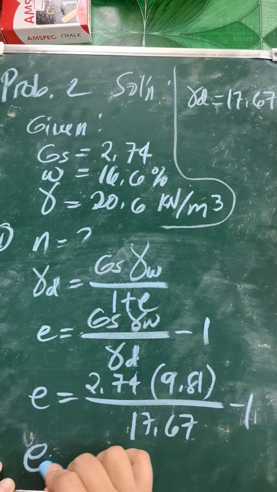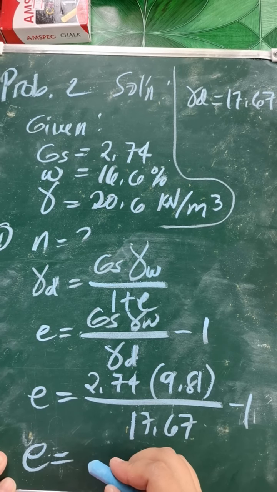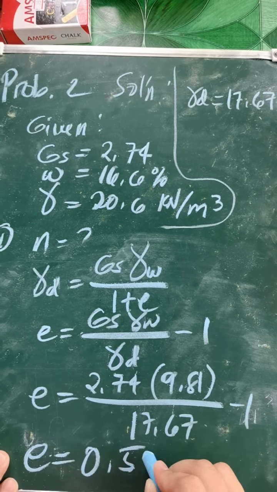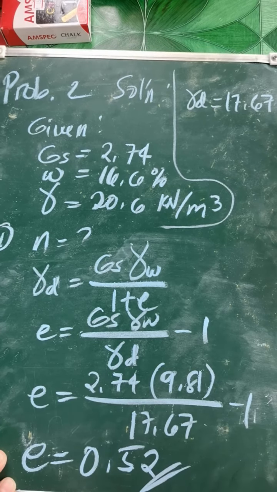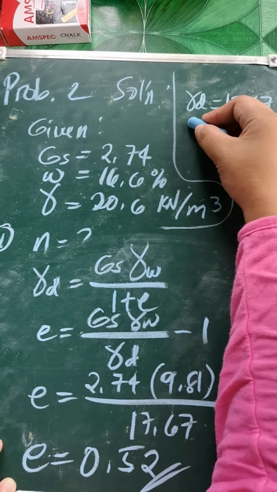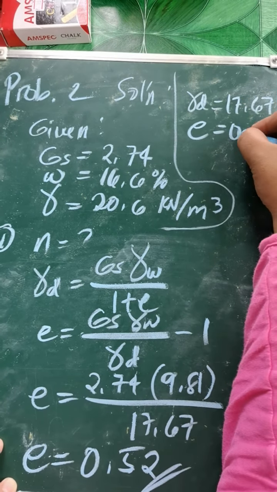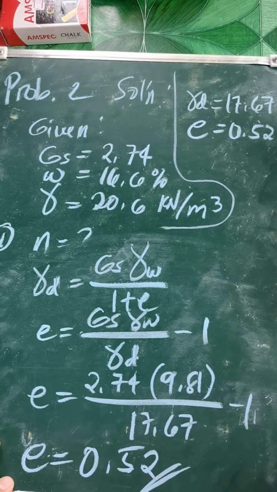Our void ratio here is equal to 0.52. So we have additional given, E equals 0.52.